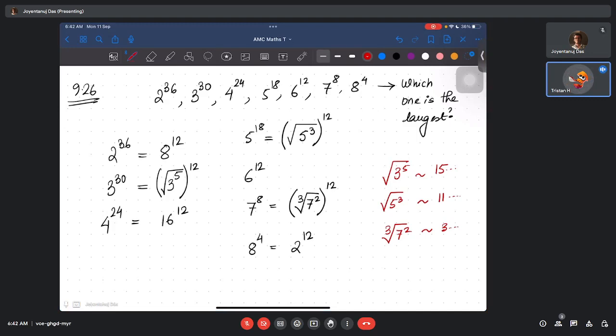The way I found these was just finding the next lowest square for the square root functions, and for the cube root, the next lowest cube.